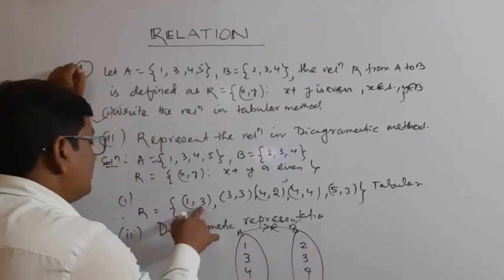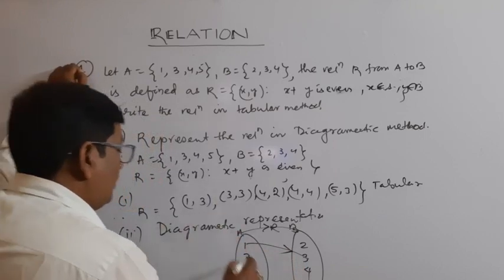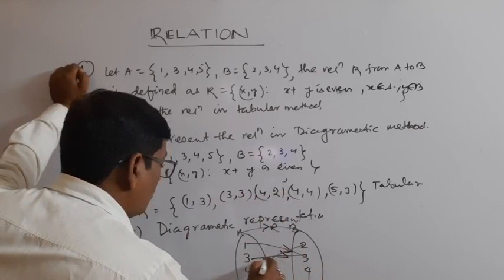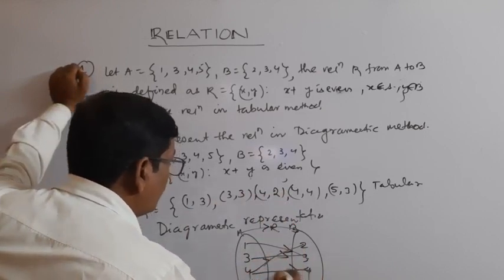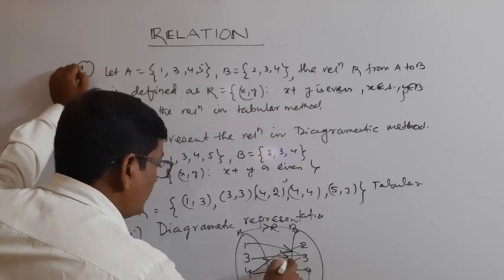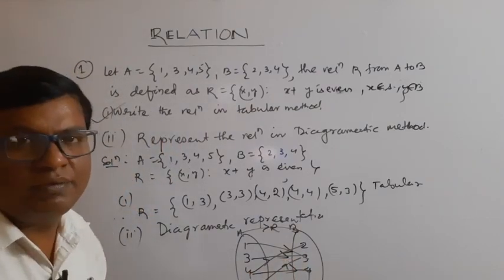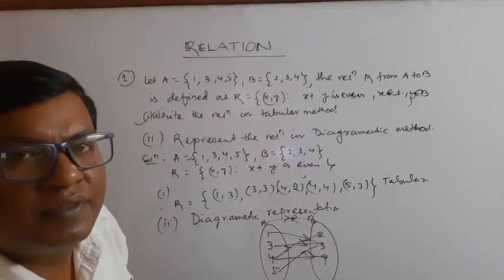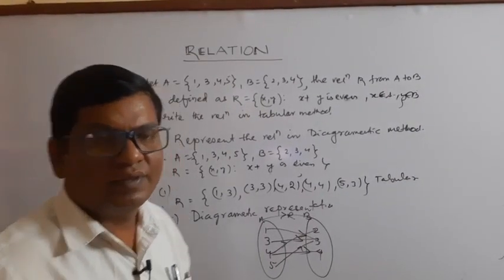So 1 is related to 3, make an arrow mark. 3 is related to 3, 4 is related to 2, and 4 is related to 4, 5 is related to 3. This is the diagrammatic representation of the relation.